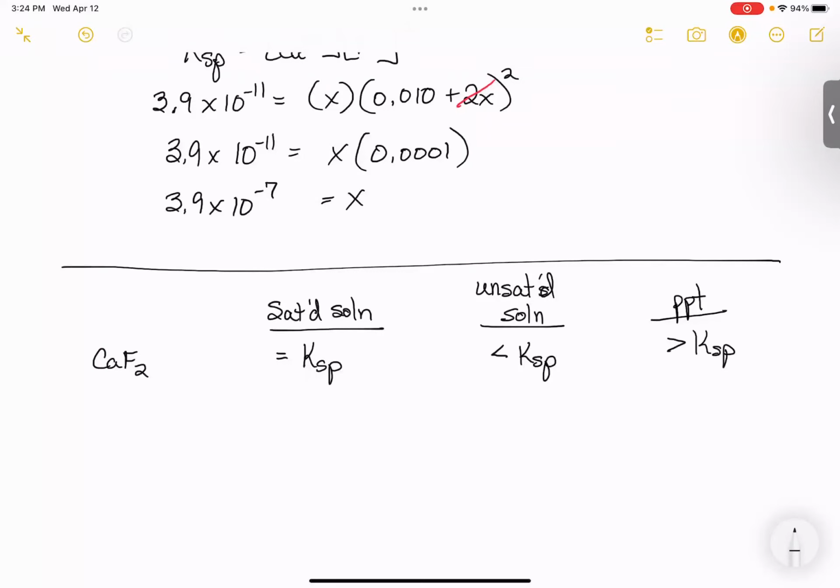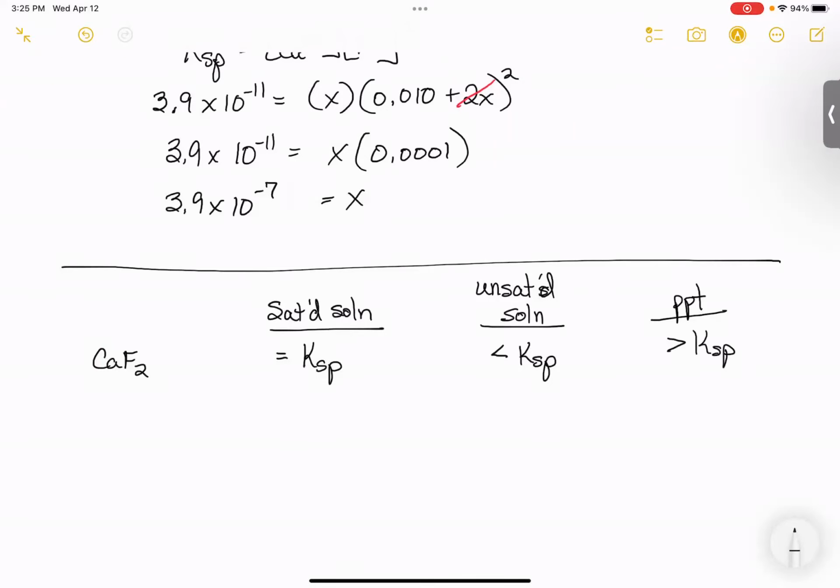So again, if you took calcium from calcium nitrate and fluoride from potassium fluoride, when you combine those two, if you take the concentration of the fluoride times the concentration of the calcium and you actually do the math, if it comes out less than or equal to the KSP, it's going to be saturated.